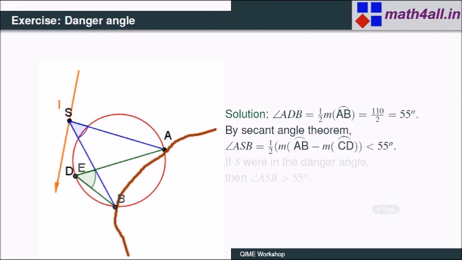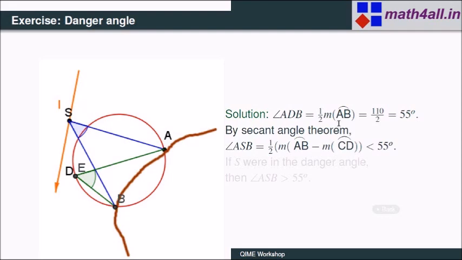By the formula, if D is a point on the circumference, then this is half of AB, because AB is a circle with center. This angle is 110 given, so this angle will be half of that. Whatever the circle center, this is the angle on the circumference, and the angle at the center is AB, so that is half.